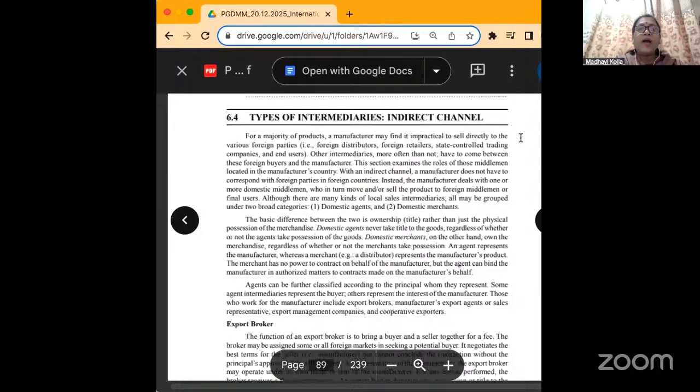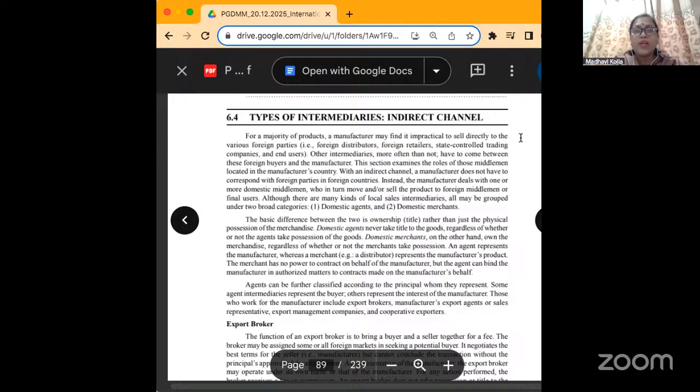However, as we have been talking about, indirect channel is where the channel origin and the manufacturing origin is the same. That is from a single country. So, for a majority of products, a company may find it impractical to sell directly to the various foreign parties.